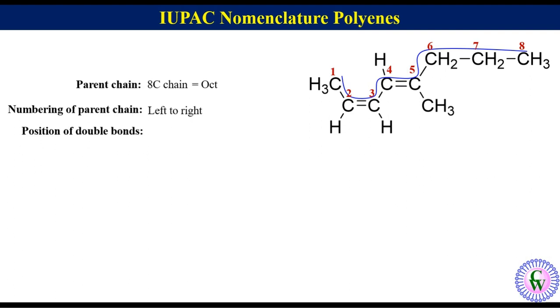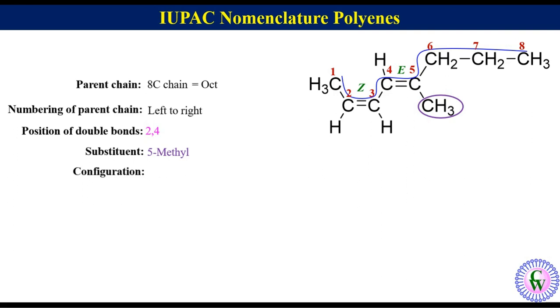Position of double bond, it is 2 and 4. Substituents, there is 1 methyl at C5. So it will be written as 5-methyl. Configuration of double bonds, it is Z and E.